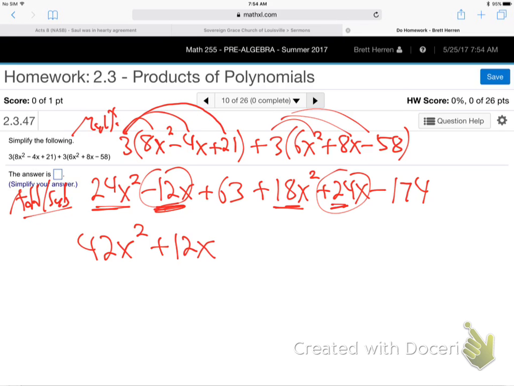Good. And lastly, the 63 and the minus 174. Just use your calculator. What was that? Minus 111? Yes. And we're done. There's our answer. Good? On that, questions I can answer?